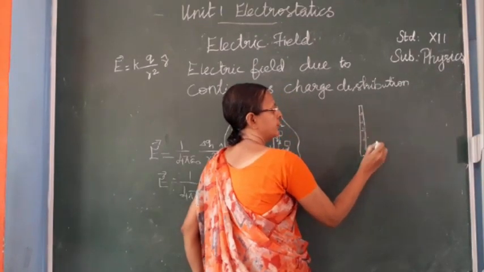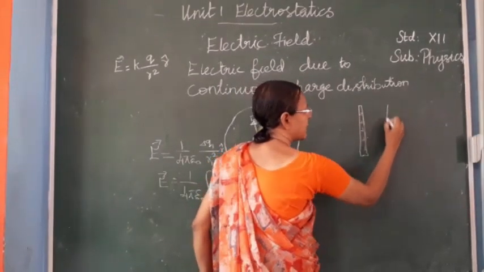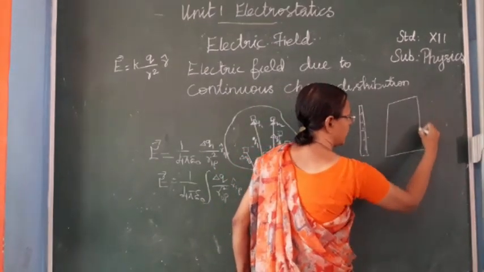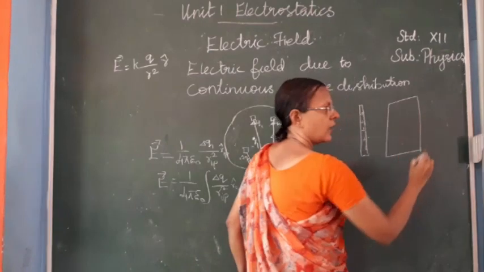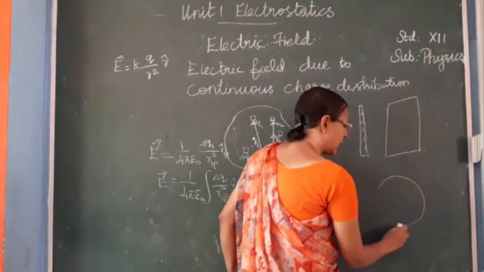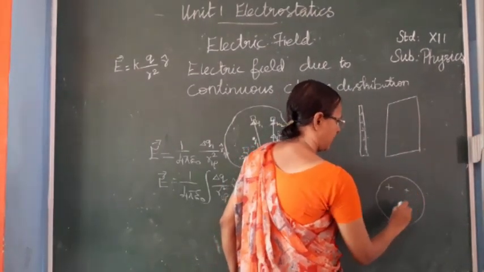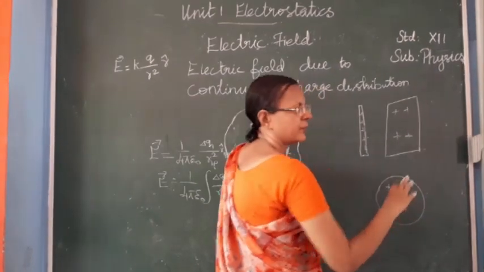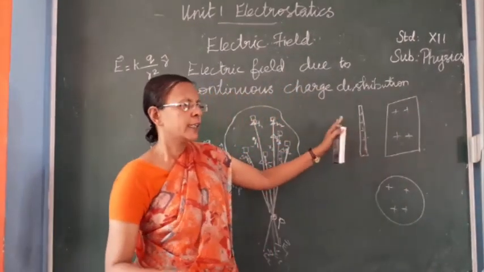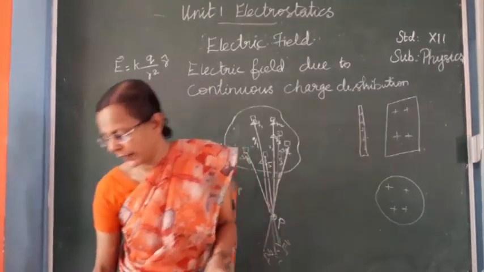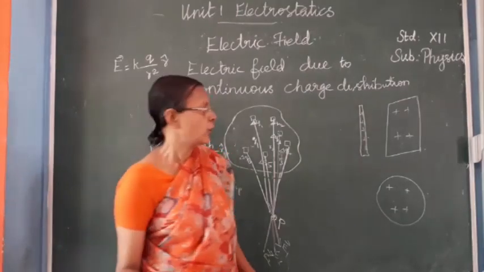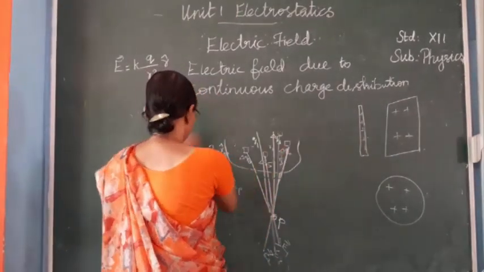Sometimes the charge is distributed in a sheet, on a surface, or in a volume. In these cases also we can find out the electric field.